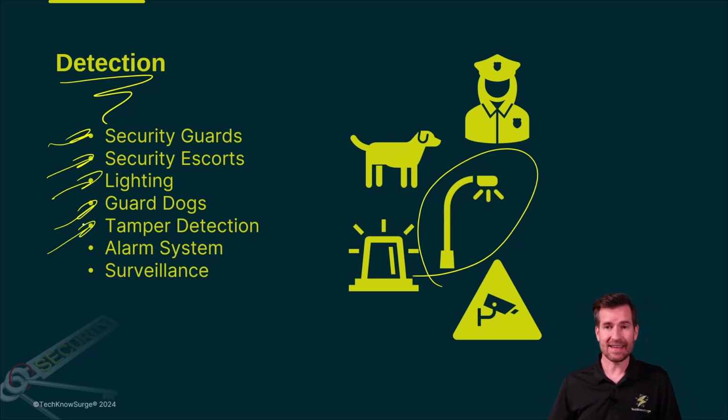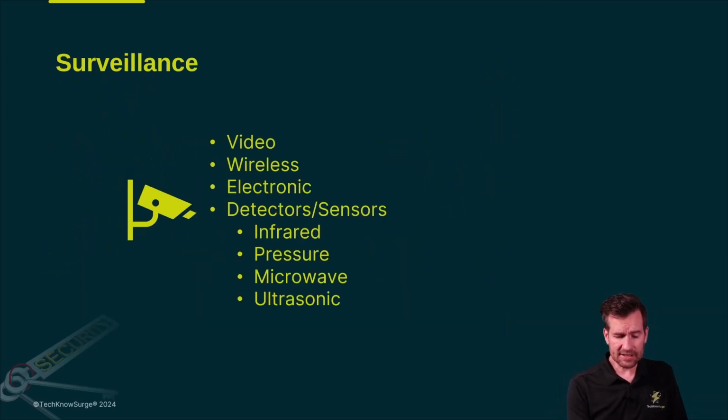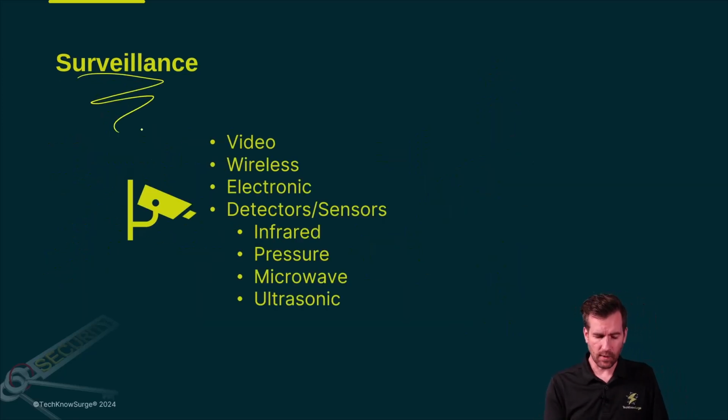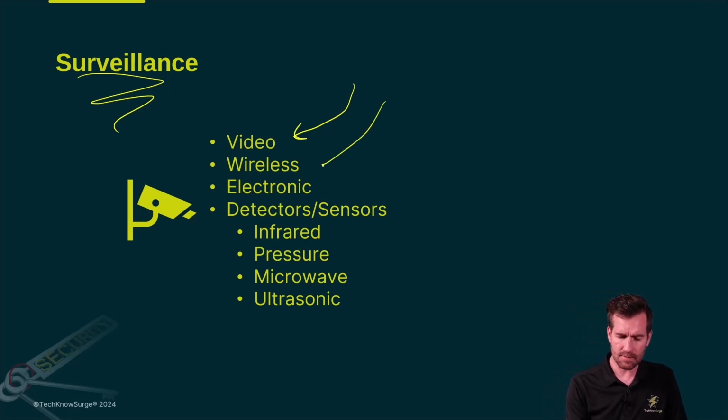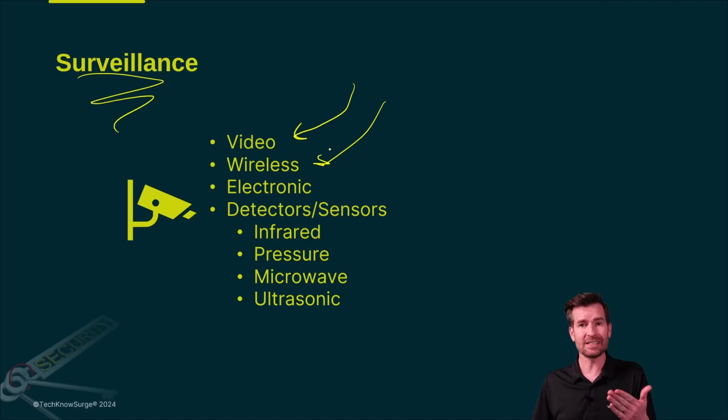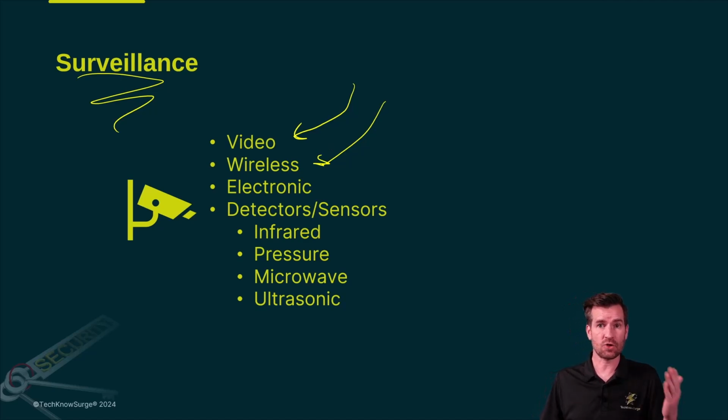There are things like tamper detection, that if something were to be tampered with, then it would set off some sort of signal or be evident that it's been tampered with. You have things like alarm systems and surveillance systems. There's also lots of different types of surveillance, whether it be video cameras doing video surveillance, or maybe it's some sort of surveillance around the wireless system, seeing if there's stray wireless signals that aren't supposed to be there, or electronic surveillance.